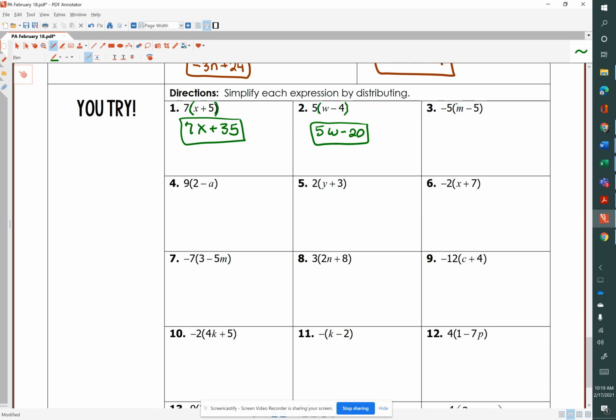Negative 5 times the quantity of m minus 5 is negative 5m plus 25, because negative times a negative is a positive. 9 times the quantity of 2 minus a is 9 times 2 is 18 minus 9 times an invisible 1 here. We have invisible 1a, so 9 times 1, that's negative 9a.